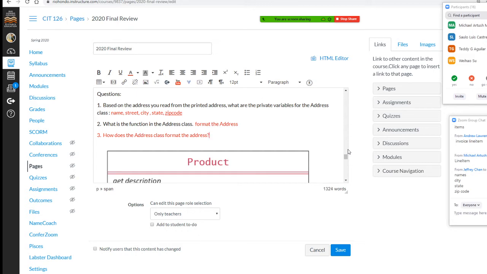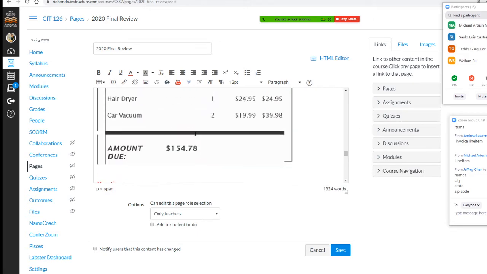Tell me. I'm not going to write down the answer. You tell me. How do you format it? One more time, go back to see this line. How do you format it?